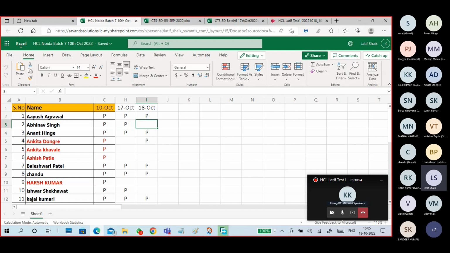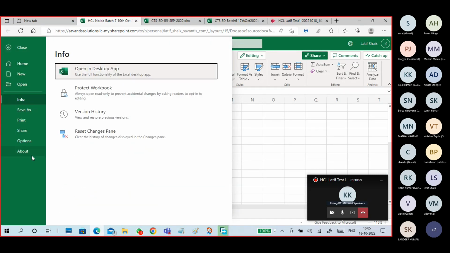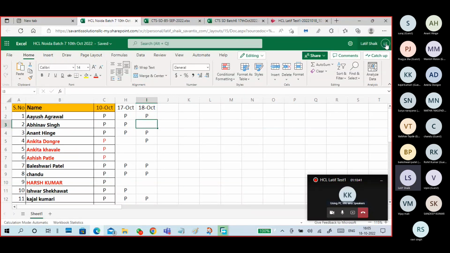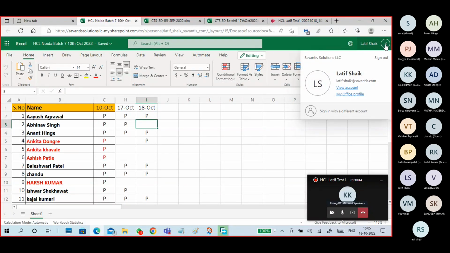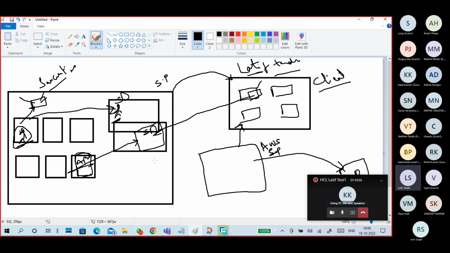You can see here it is file. Somewhere my account related information will be there. Options, yeah, here it is. You can get it like this. This is my account. So I'm accessing this Excel sheet using an Office 365 login, and of course that is provided by Microsoft to my organization.